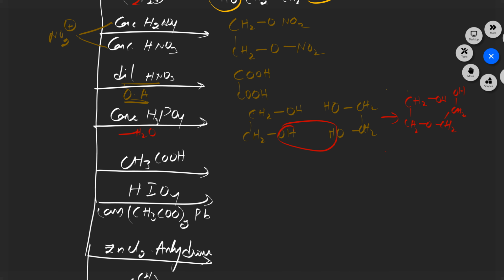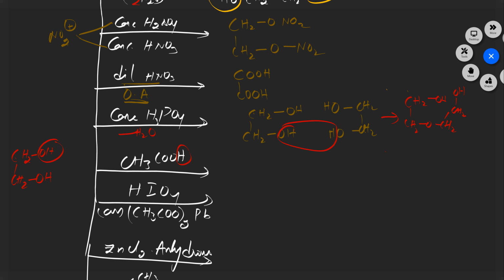Acetic acid is going to react with glycol. I'm taking here glycol, CH2 OH, and this one is CH2 OH. In this process also there is loss of water. How is it going to be? Acetic acid is an acid. It is going to release H plus. So glycol is going to act as a base.